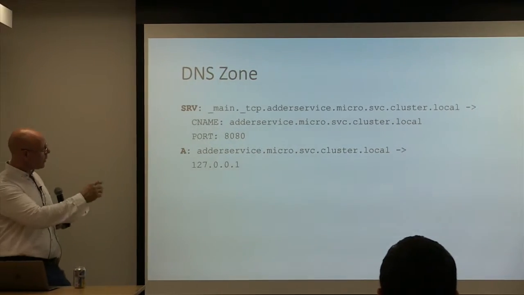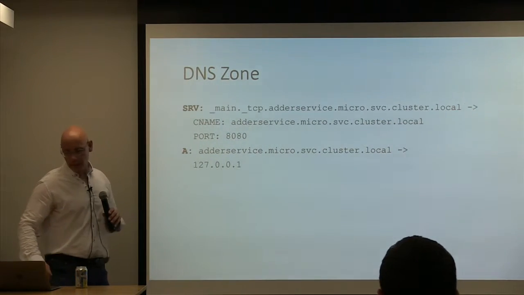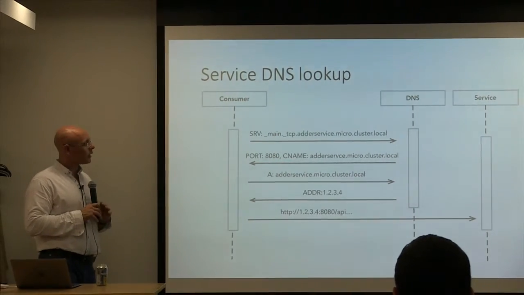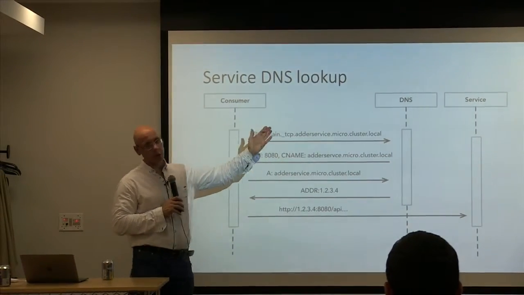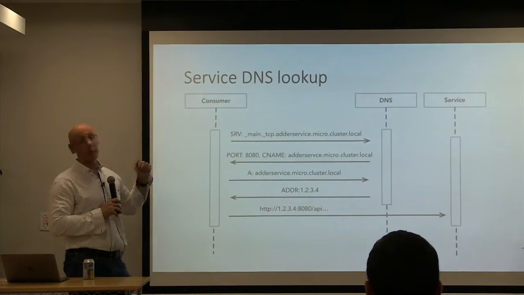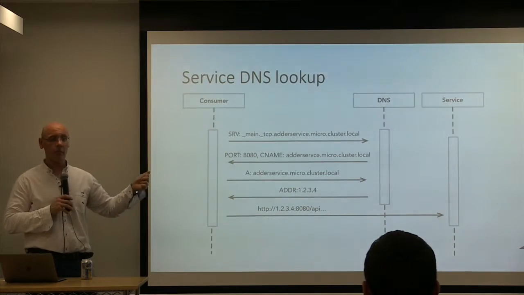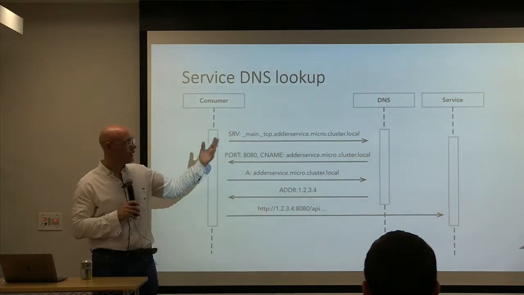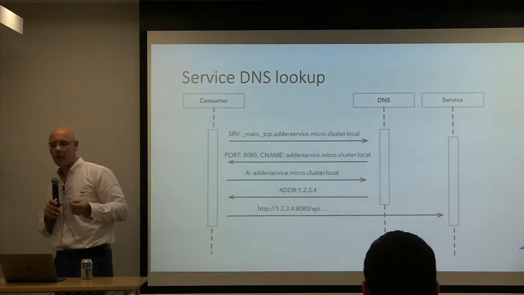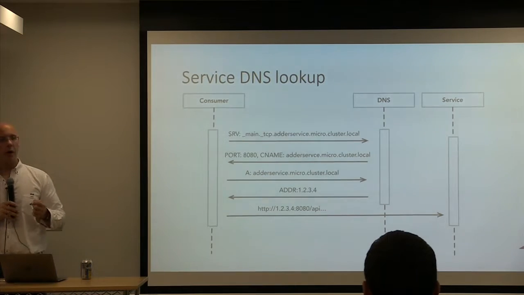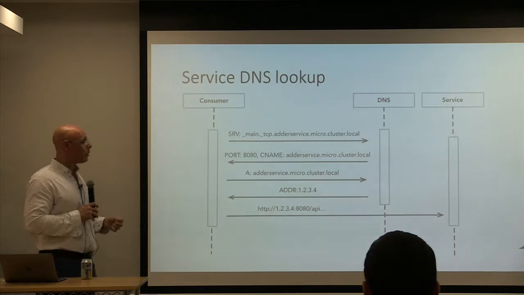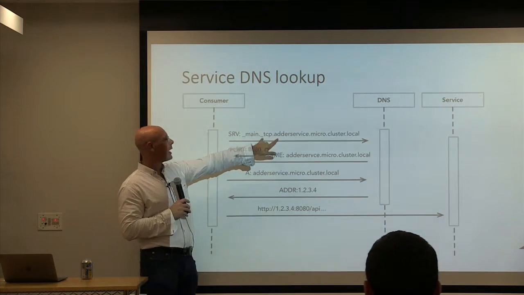And then on the DNS zone, as I've explained, you've got the CNAME and port records. So how does the service lookup work? Well, if I'm a consumer, I want to consume a service, I refer to it by name. I just need to know the name. Now, it's a little bit clunky, and normally you'd probably wrap that in a small piece of code that just allows you to say service name, but the point remains, it's just a name.